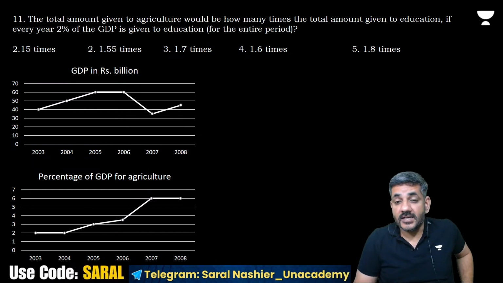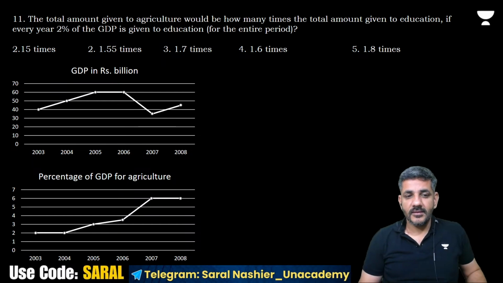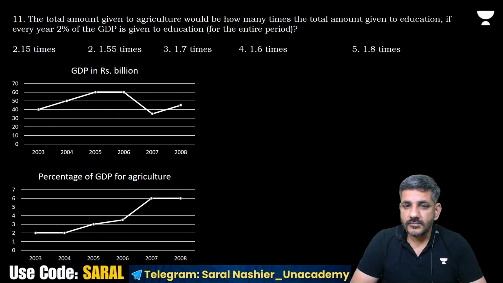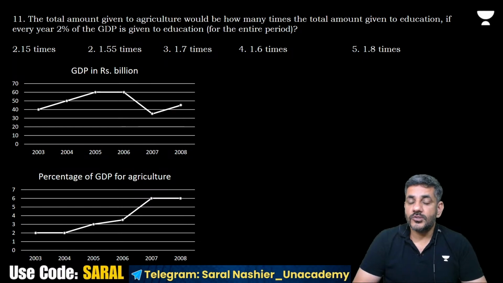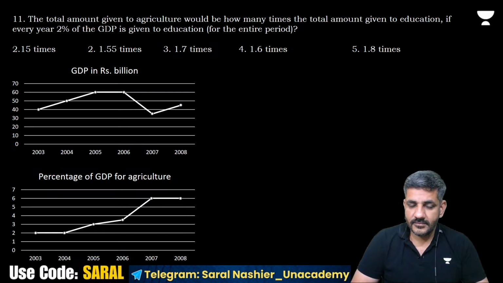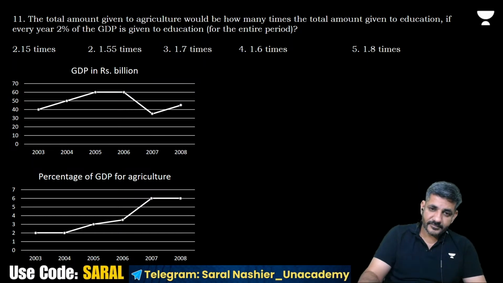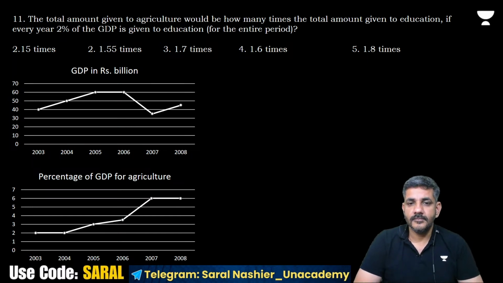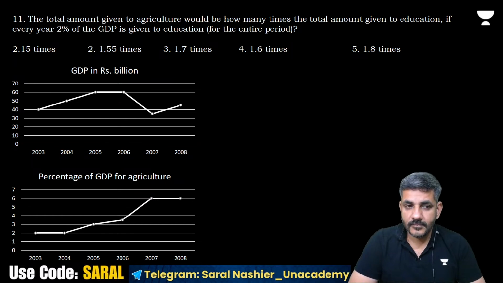Okay, Shibam Saha has answered it real fast. Very good, Shibam. He got the point, looks like. He says option 5, that is 1.8 times, is the right answer. 290 into 2%. Okay, okay, Shibam. Actually, this question is quite related to the previous question.